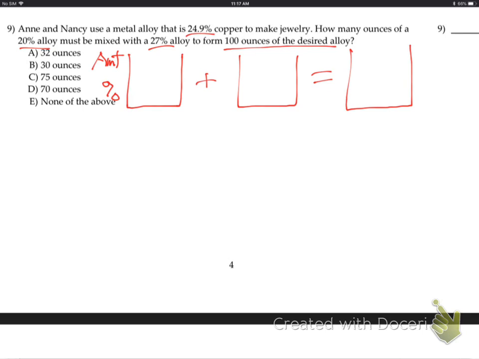That's right. Okay, top goes the amount, bottom goes the percent. Now, there's something tricky about the way you put the percentages in. If I just go like this, don't write this down, this is wrong. 24.9%, 20%, and 27%, I'm in trouble. That's not right. Why not?